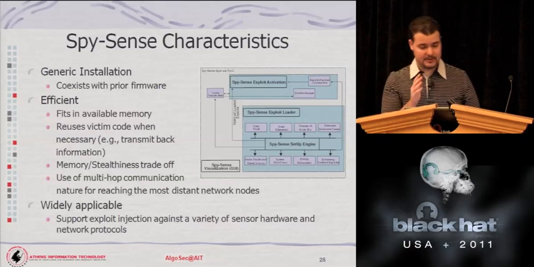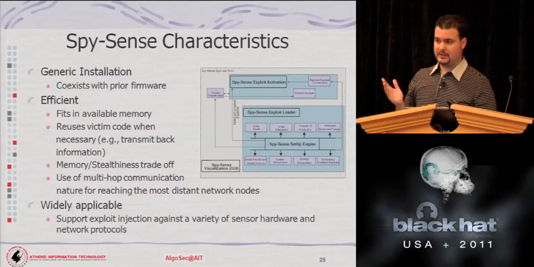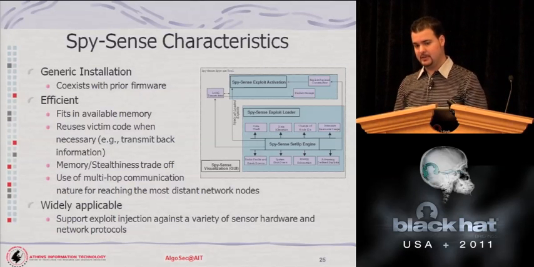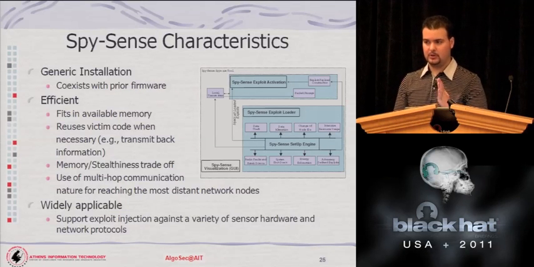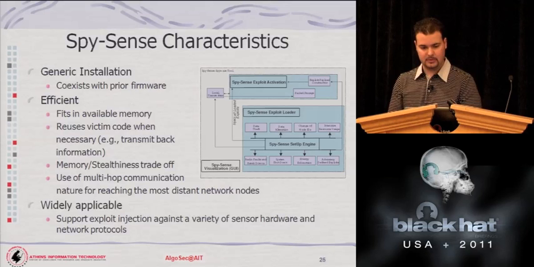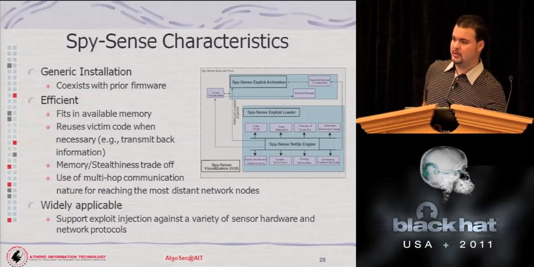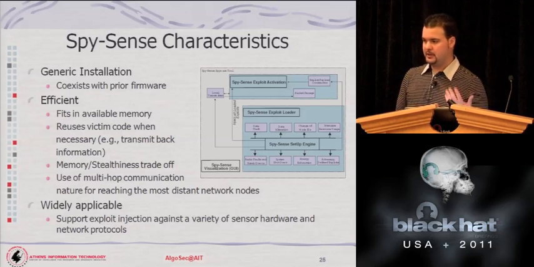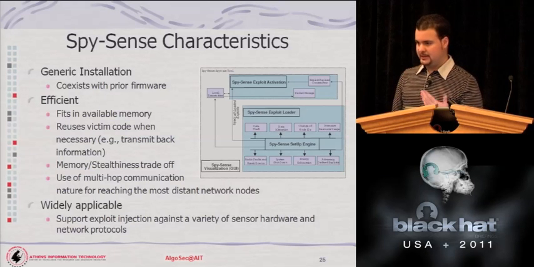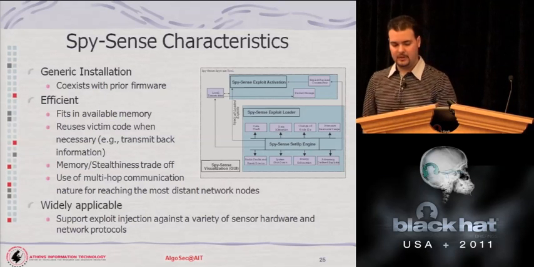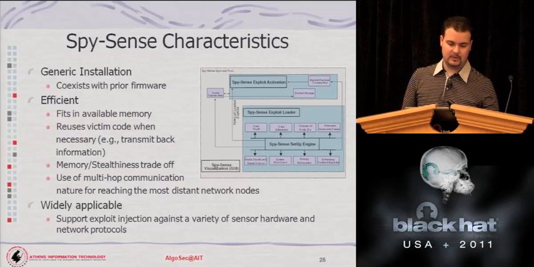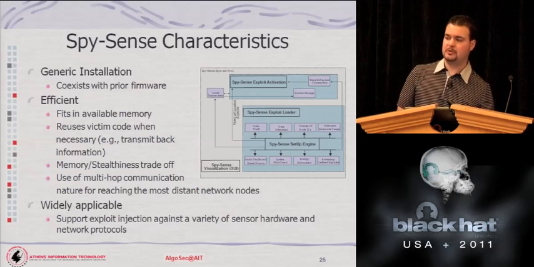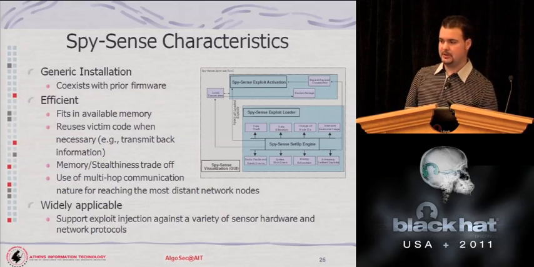Now, once all these are done, what we have achieved is to inject shellcodes that coexist with prior firmware. So we don't overwrite any of the existing code. We reuse the code of the victim once needed, only for exploits that have, for example, data retrieval, where we need to use the radio transceiver, or we take advantage of the multi-hop communication nature of sensor networks in order to reach the most distant nodes.